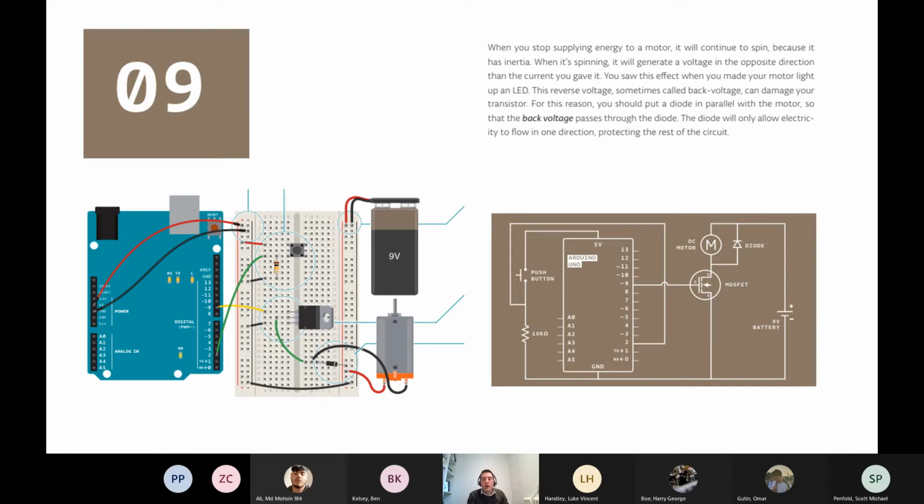If you spin the motor by hand, you'll create a voltage across it, and then that spinning and voltage might do some damage to some bits of your circuit that you don't want. So again, we put in these bits of circuit design here involving a diode in order to avoid that.